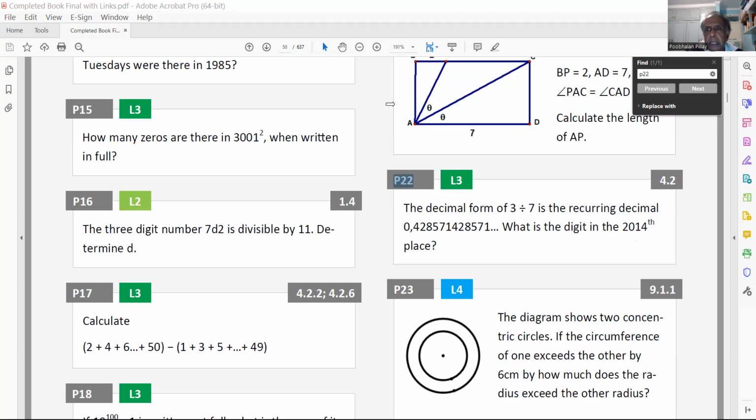So let's analyze that question. And what do we see? Okay, so we've got 0.428571 repeating like this, but they're in groups of 6. And you're looking at something in the 2014th place.